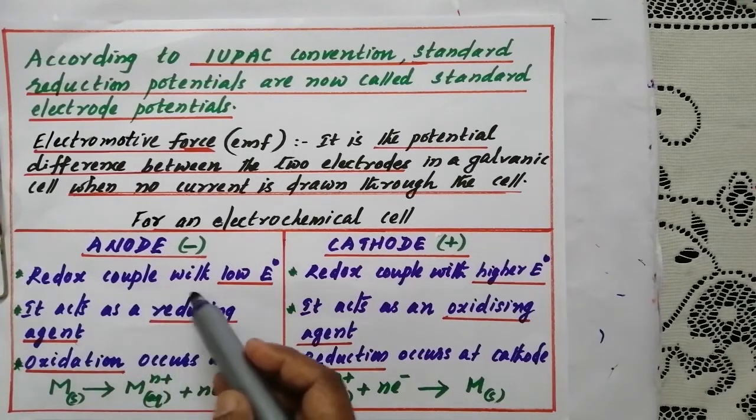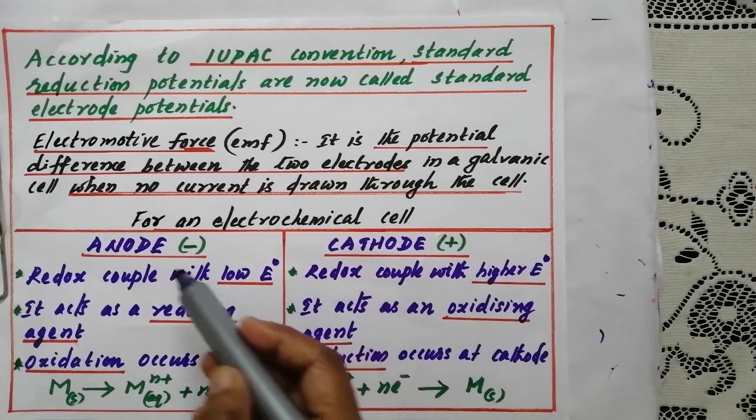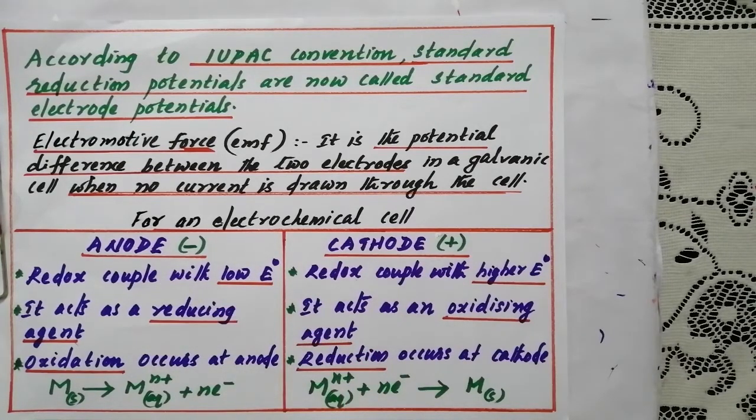The redox couple with the lower E0 is chosen as the anode. It acts as a reducing agent. The oxidation occurs at anode, and we know that reducing agent undergoes oxidation, and the oxidation reaction is represented as M giving Mn+ + n electron.